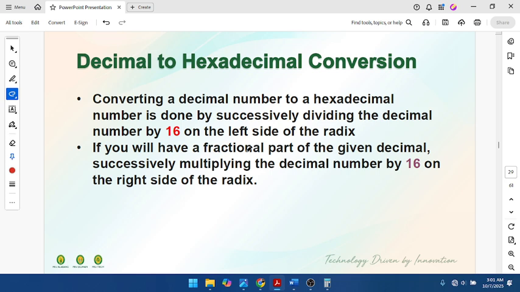Decimal to hexadecimal conversion is done by successively dividing the decimal number by 16 on the left side of the radix, and for the fractional part, successively multiplying the decimal number by 16 on the right side of the radix.